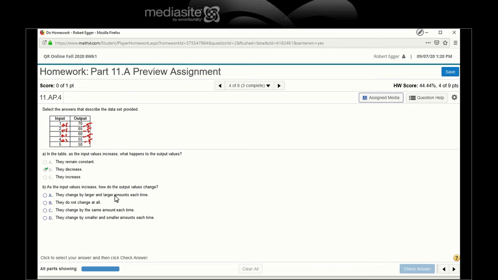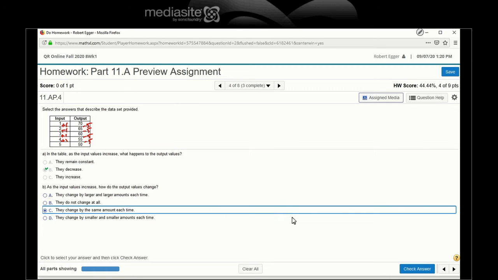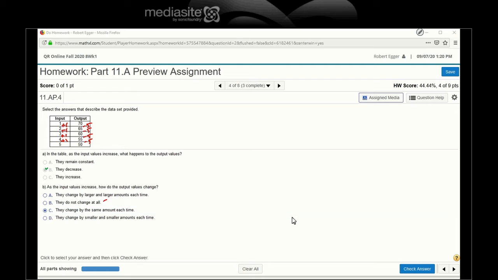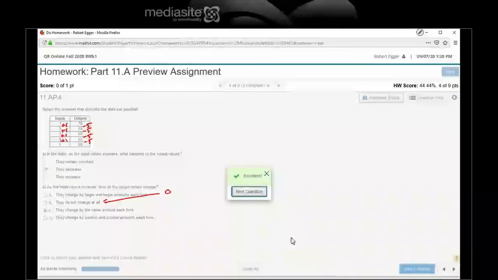Change by larger and larger amounts? No, not changing at all? Change by the same amount each time? Change by smaller and smaller amounts? That's the best answer. They change by the same amount each time. I'm presuming this one is reserved for zeros, not changing at all. Yep.